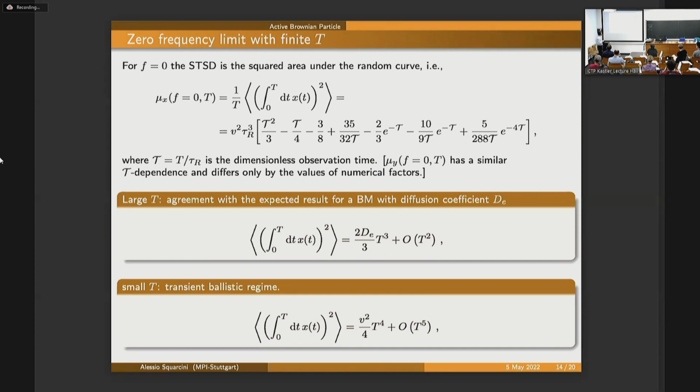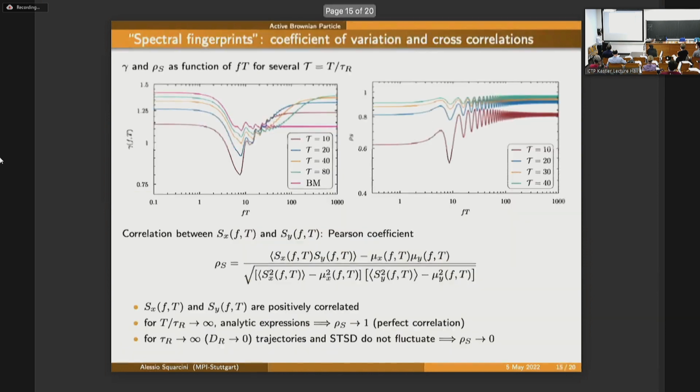And we can study this quantity. For large times, we get the t-cube dependence, which is identically the same as for the Brownian motion, with the effective diffusion coefficient. And for small times, we get a transient ballistic regime, so a t to the 4th. And this is the other property of the power spectral density at zero frequency.